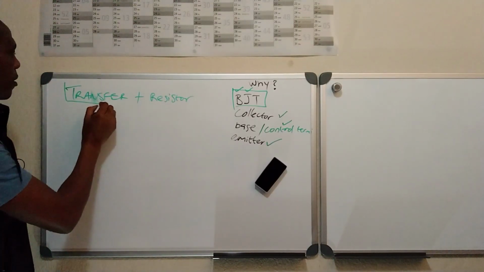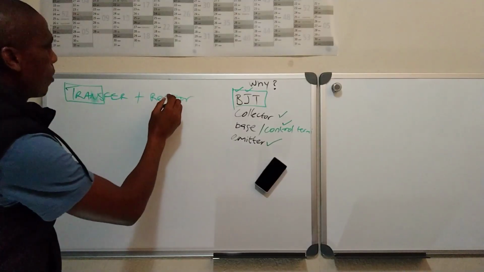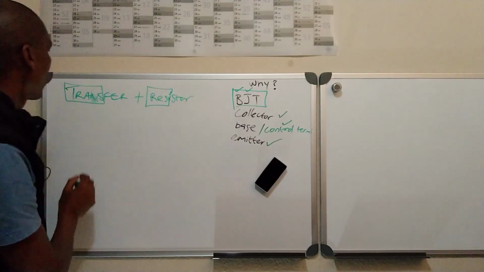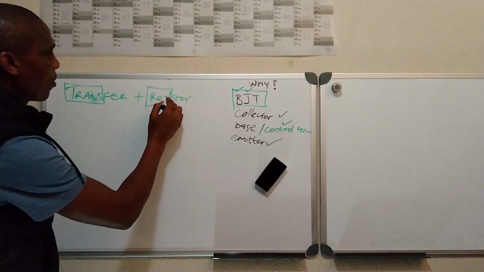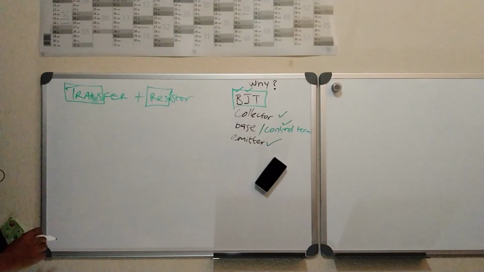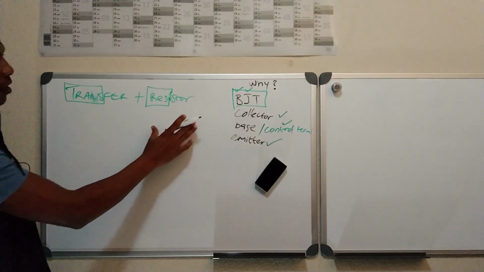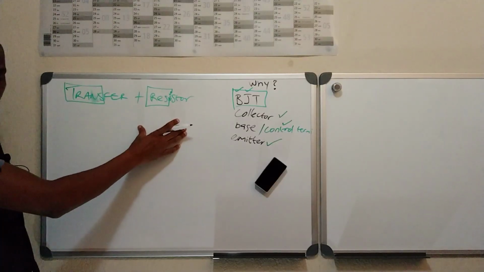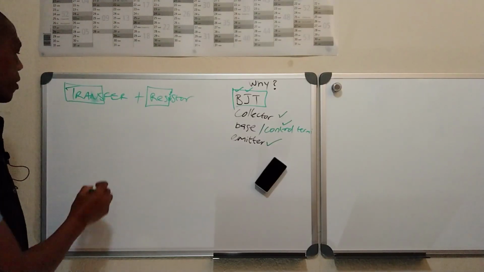The trans comes from here, the stor comes from here. Okay, the I must be on this side. Transistor. Basically, a transistor is a transfer resistor. Why do they call it a transfer resistor?